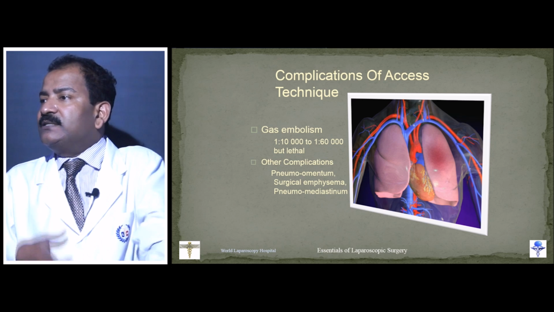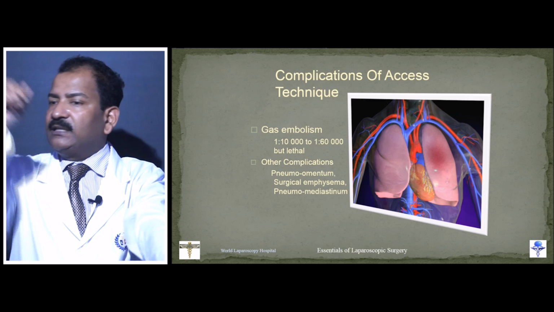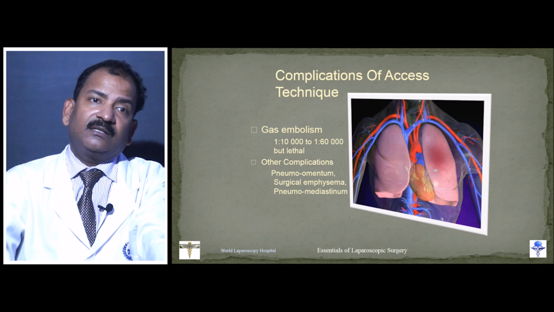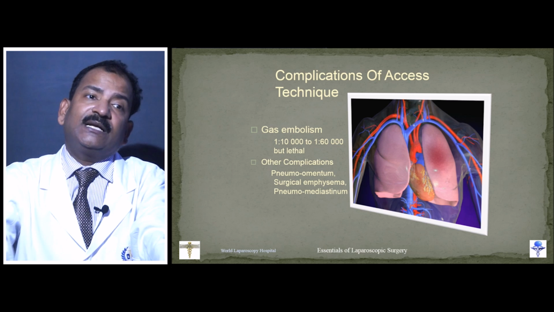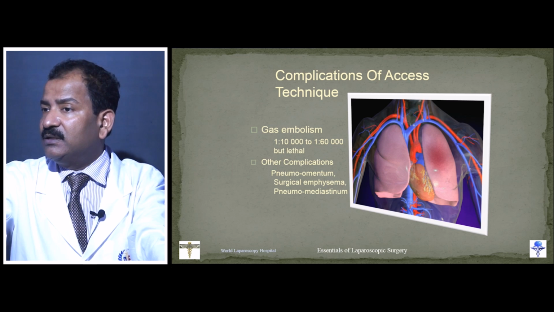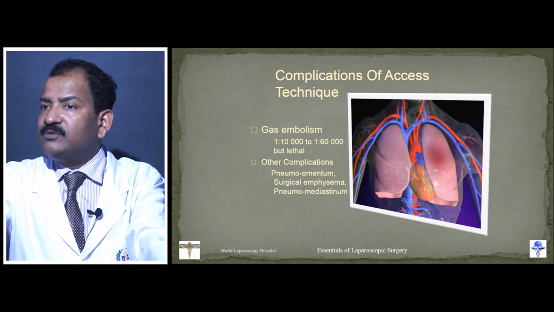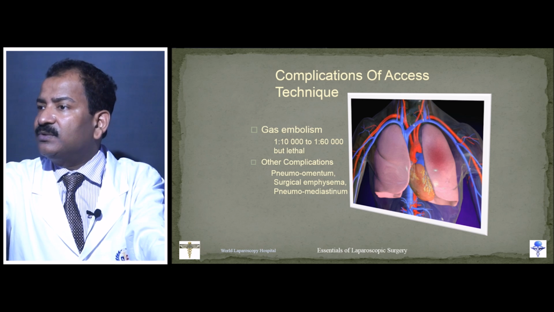So, it acts as a tension pneumothorax, and then you will see a tubular black shadow due to the pneumomediastinum. So, immediately surgery should be stopped and the patient should be on artificial ventilation for a few hours. CO2 is such a rapidly absorbed gas that it will get absorbed on its own.